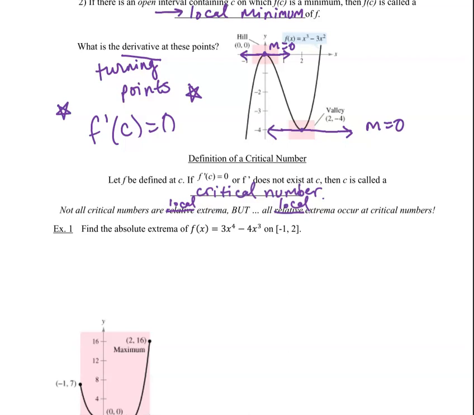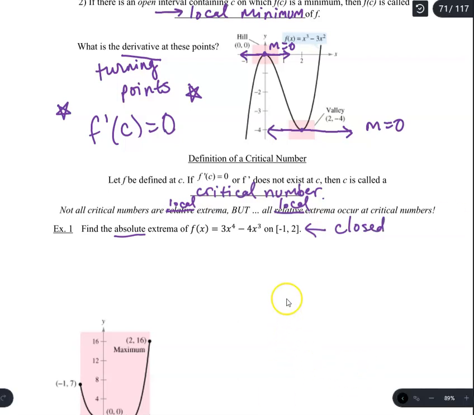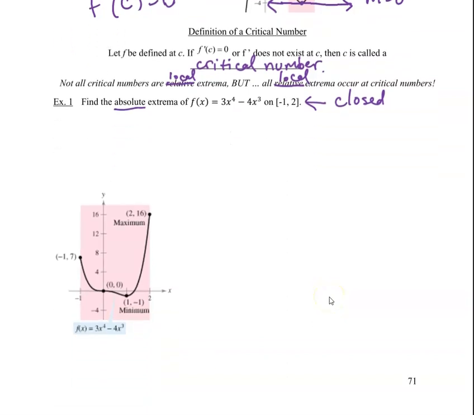Right now, I want you to focus on the definition of critical number and how we find absolute extrema. So when you hear the word absolute, you want to think closed interval. That's the most important part here. So to find absolute extrema, we're looking at a closed interval.